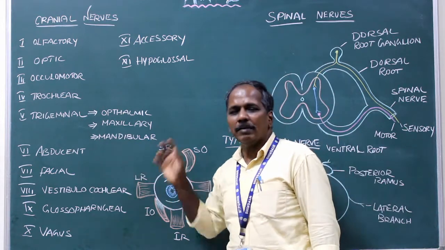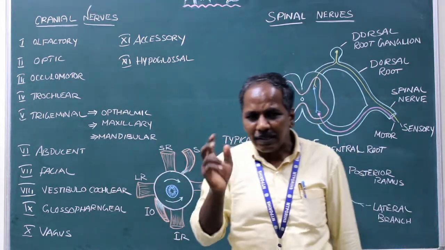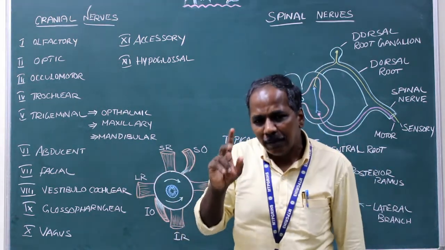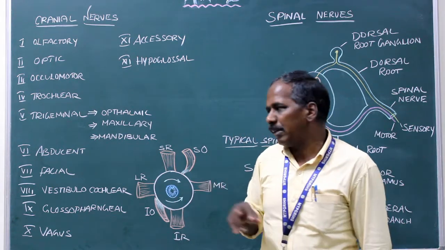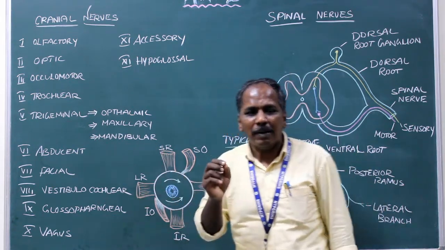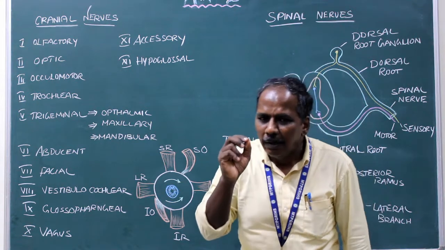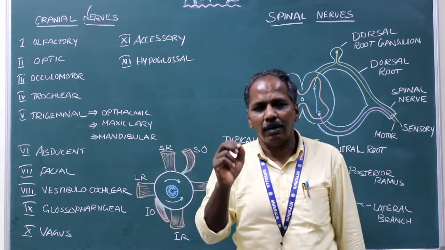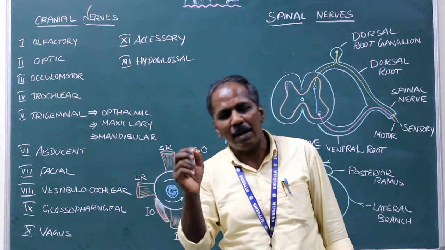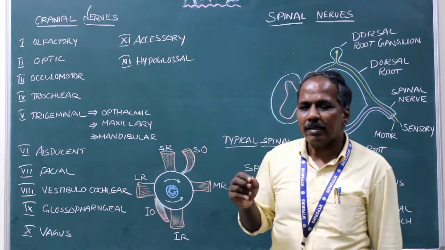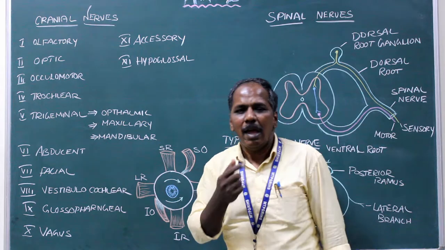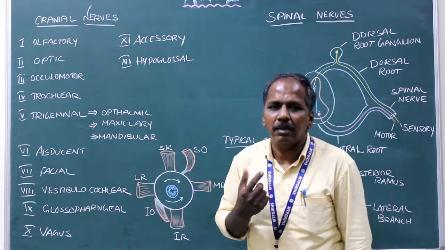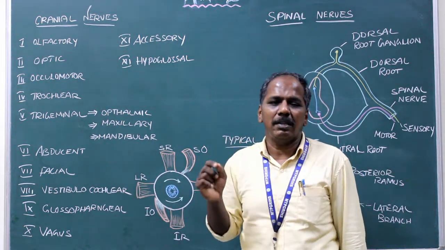Mandibular division. Since it is a mixed nerve, it has both sensory and motor. Sensory: it supplies the teeth and gums of the lower jaw, that is the mandible, and it is sensory to the anterior two-third of the tongue, that is general sensory.